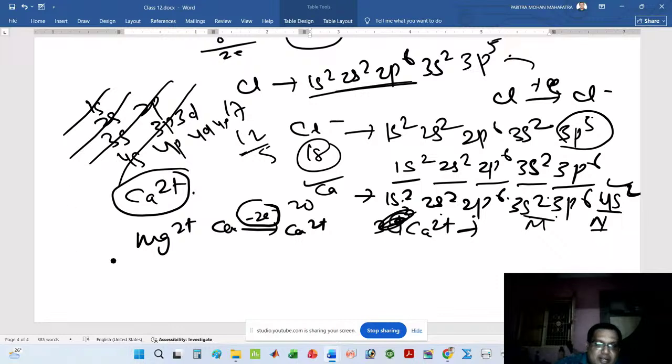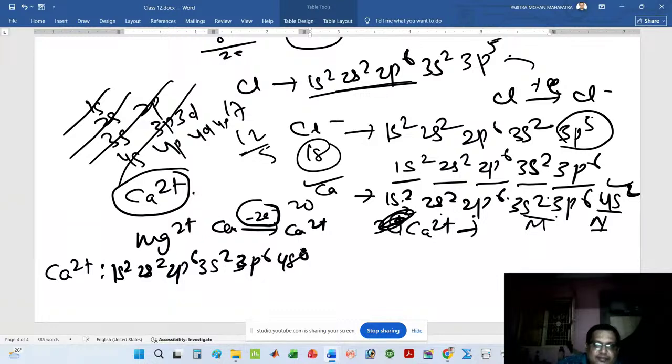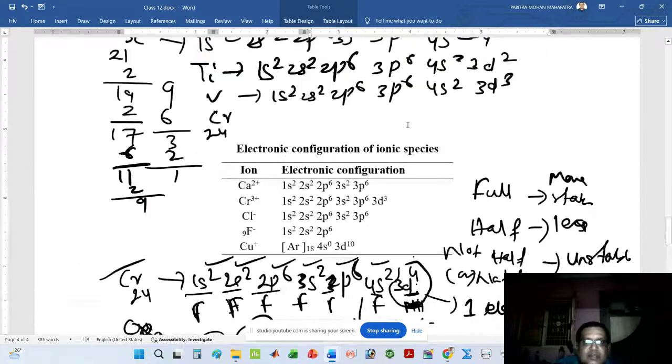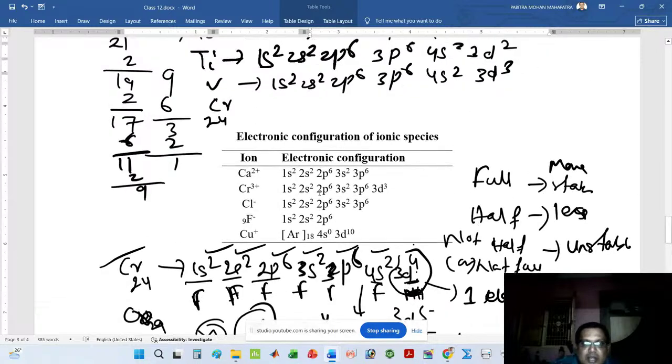So Ca2 plus has the structure 1s2, 2s2, 2p6, 3s2, 3p6, 4s0. Clear? You can write 4s0 or not, your choice. The electron configuration is 1s2, 2s2, 2p6, 3s2, 3p6. Clear?